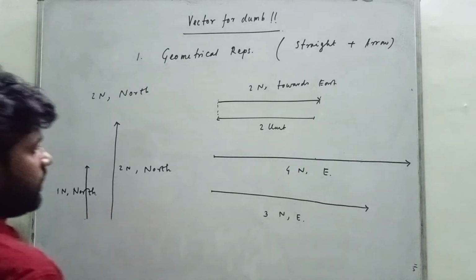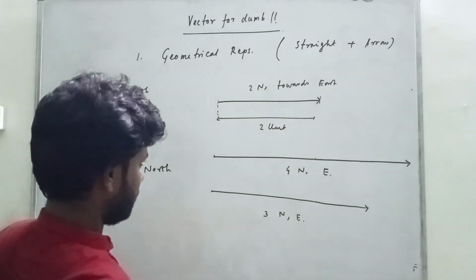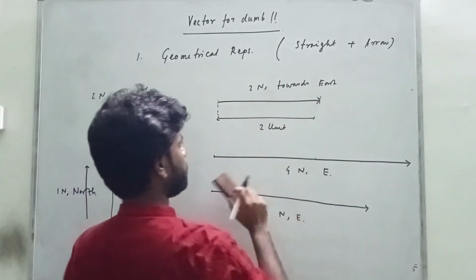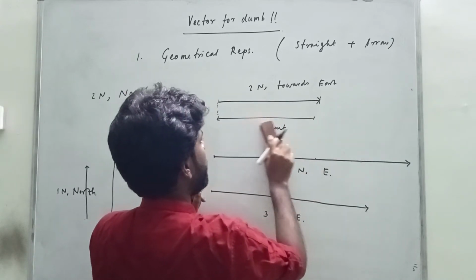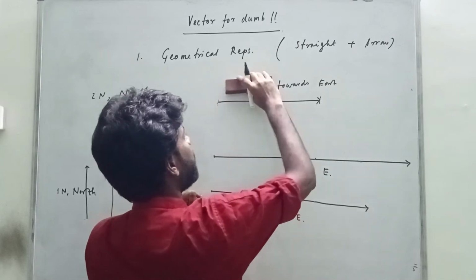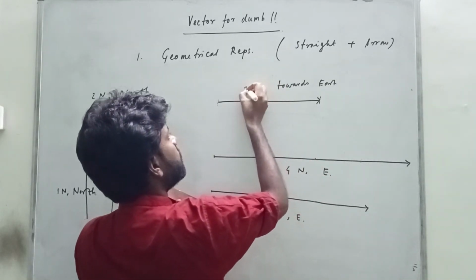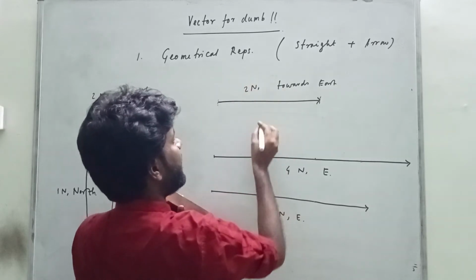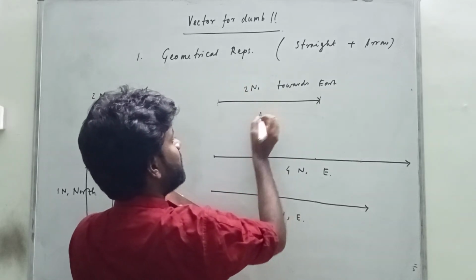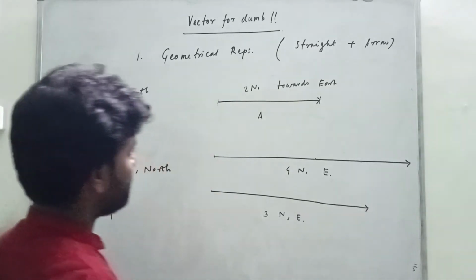Okay, so just name it somehow here. It is an A, right? If it is a vector quantity, just name it A. It's 2 Newton, right? So just A. But the problem is that it's a special kind of thing, the vector.